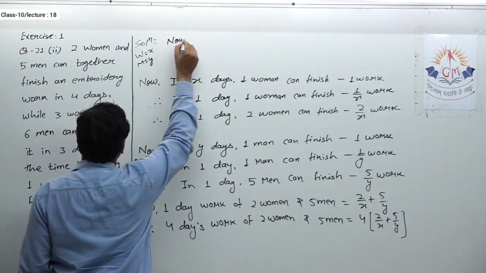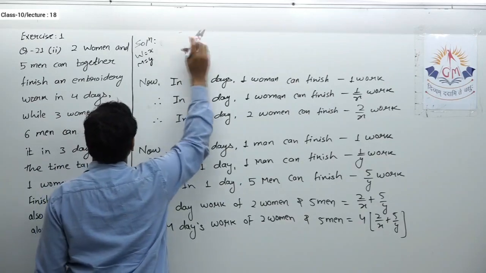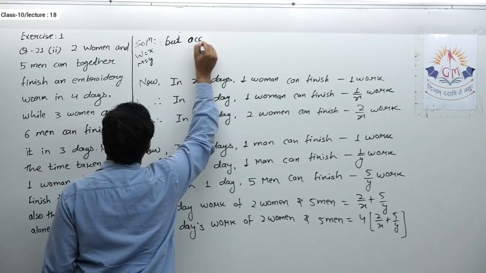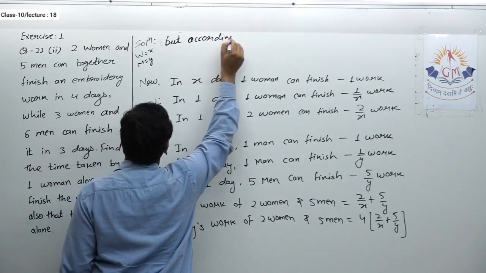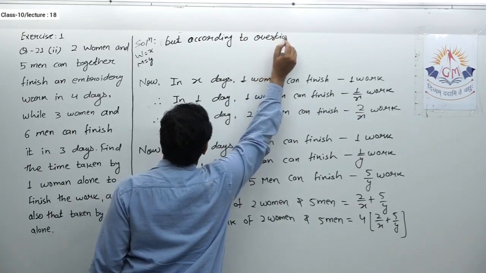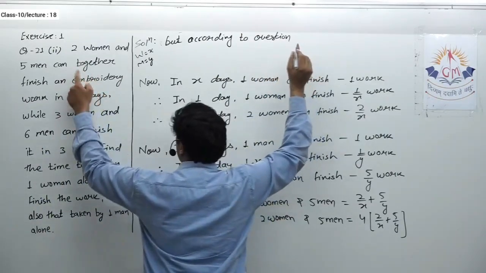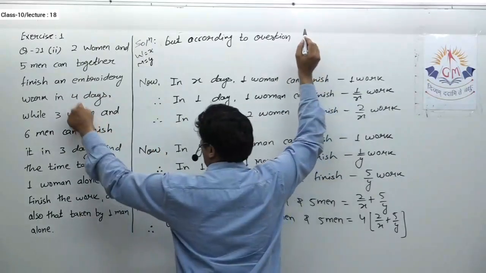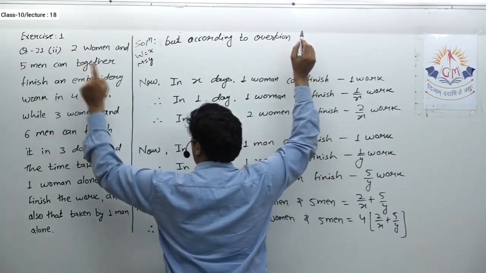Now, according to the question, the 4 day task of 2 women and 5 men is 1.